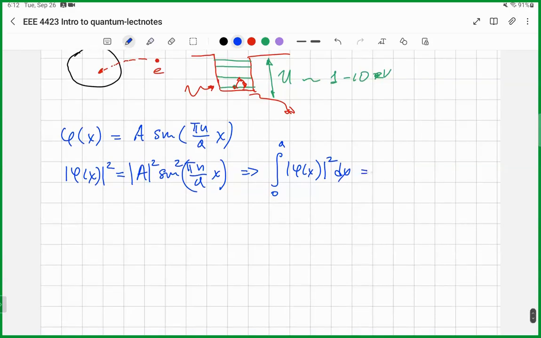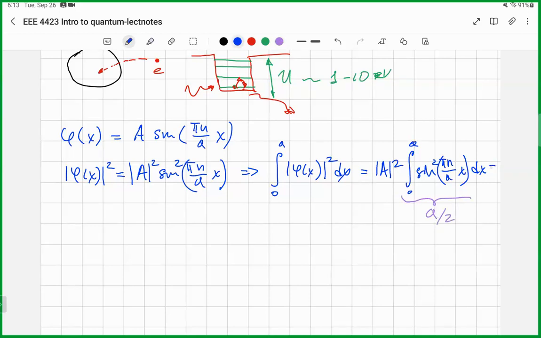So we're going to get modulus squared A times the integral of sine squared of pi n over a x dx from 0 to a. And this integral, it's a known fact, is equal to a over 2.